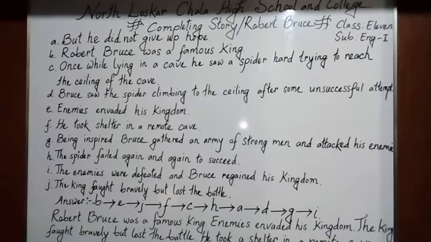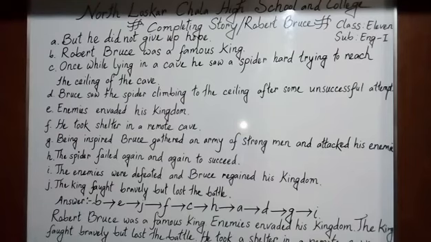Here I have written B, Robert Bruce was a famous king. E, enemies invaded his kingdom. Then J, the king fought bravely but lost the battle. Then F, he took shelter in a remote cave.